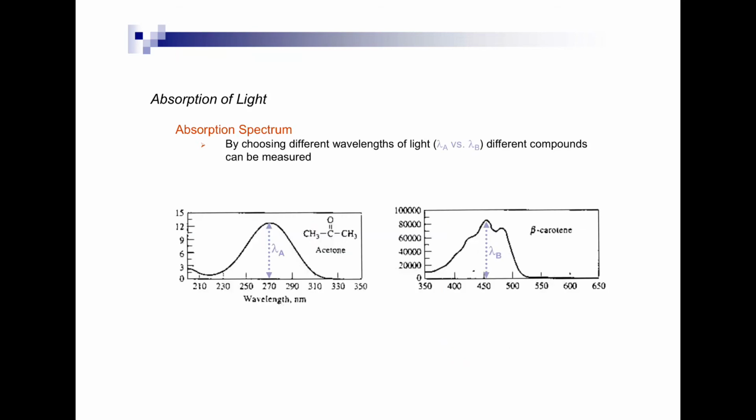We use these absorption spectrums, again, to pick what wavelengths we should measure for each compound. So you use an absorption spectrum, you pick your wavelength, and then you can monitor solutions at this wavelength, and you can use the intensity of light that is absorbed by the compound to determine its concentration.